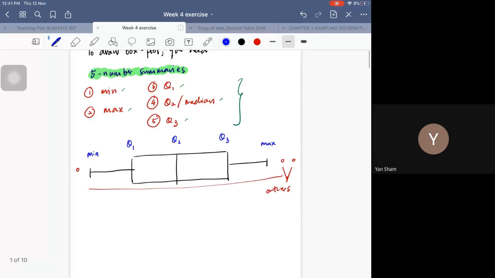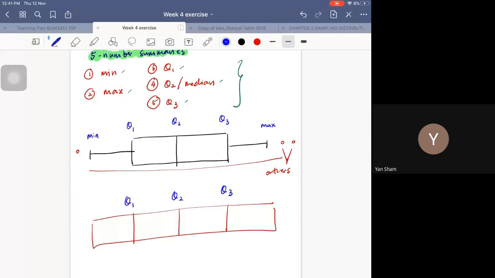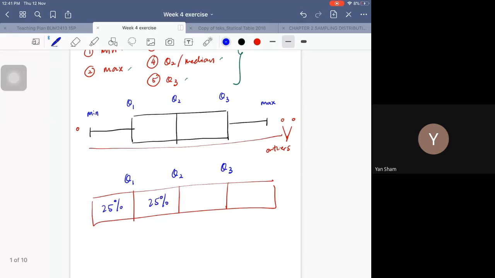Before that, there's something I forgot to tell you earlier. When we draw our box plot, we are dividing our data into 4 groups. The first group is before quartile 1, the median is in the middle, and then there is quartile 3. So 25% of your data is lower than quartile 1, 50% of your data is lower than quartile 2, and another 25% is here, and another 25% is here as well.